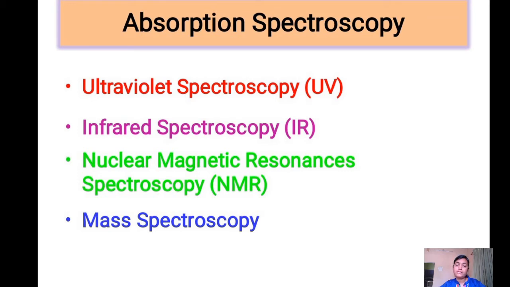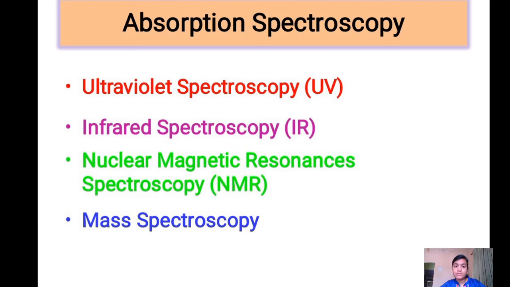When exposed to infrared radiation, it undergoes vibrational excitation in addition to rotational excitation. When exposed to UV radiation, it undergoes electronic excitation in addition to rotational and vibrational excitations, because UV radiations are more energetic.